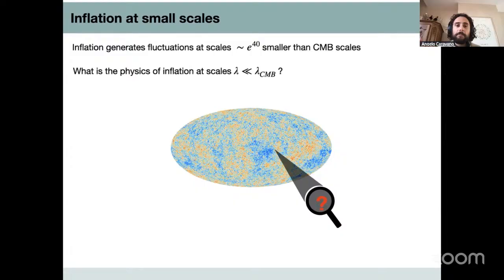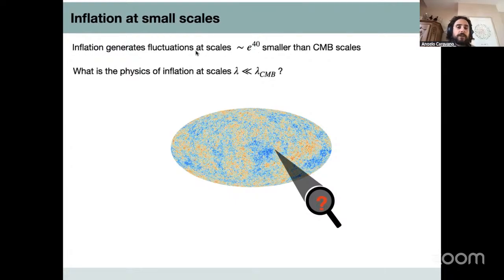However, it also generates fluctuations all the way down to much smaller scales than the ones of the CMB. If you are an observer at the end of inflation and you look around, you will see fluctuations on very large cosmological scales, but there will also be fluctuations all the way down to at least e to the 40 smaller than the smallest CMB scale.